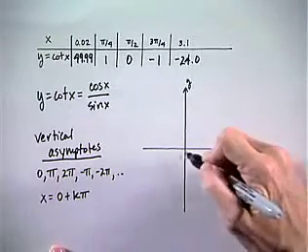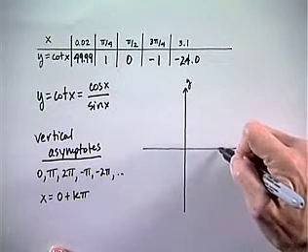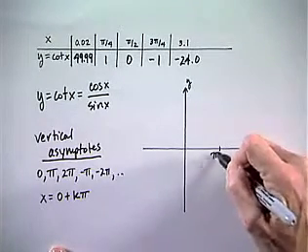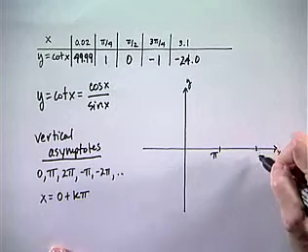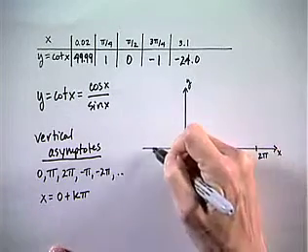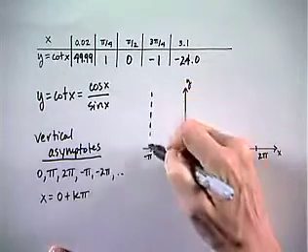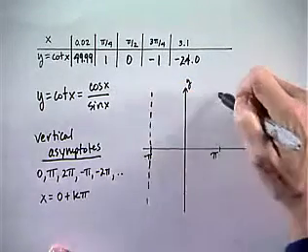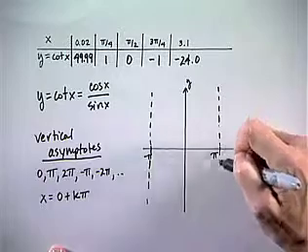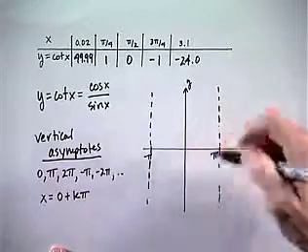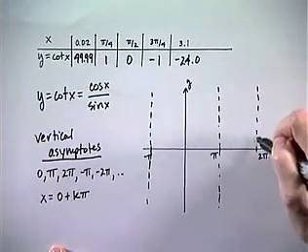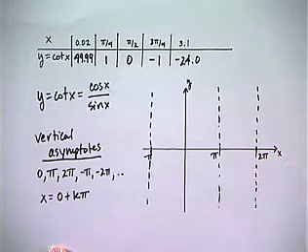So I'll scale my x-axis. 0 is the same as the y-axis. Let's put pi right here, and 2 pi here, and perhaps we ought to label -pi. These are all vertical asymptotes, so I draw them in as dashed lines. And don't forget that the y-axis is also a vertical asymptote for the cotangent.